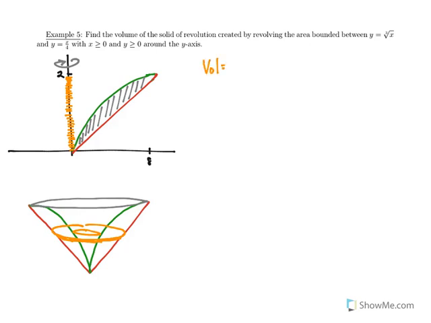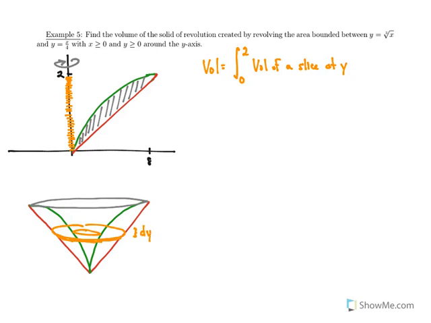So the volume here is going to be the integral from 0 to 2, the volume of a slice at y. We know that the thickness of the slice is going to be a small change in y, dy.